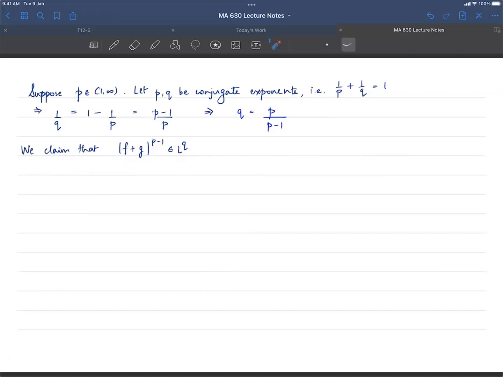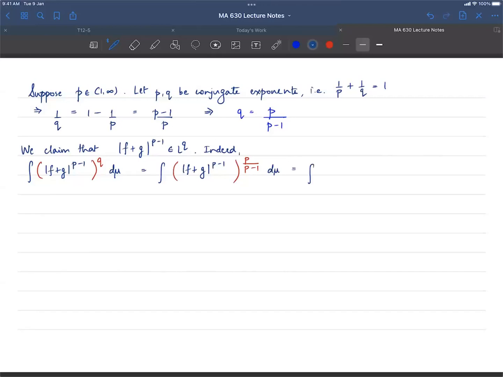Let's check this. Indeed, if I take absolute value of F plus G to the P minus 1 and I take its Qth power, what am I going to get? This is going to be the integral of absolute value of F plus G to the P minus 1, and now remember what Q is. Q is P over P minus 1. And so again, now you use your laws of exponents.